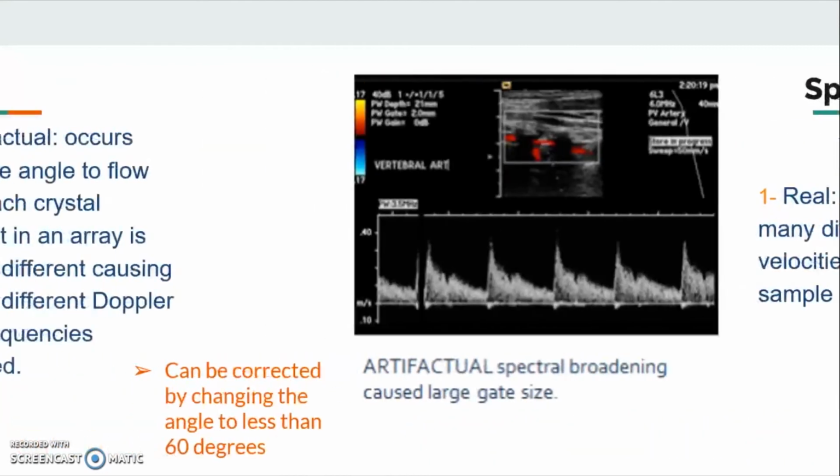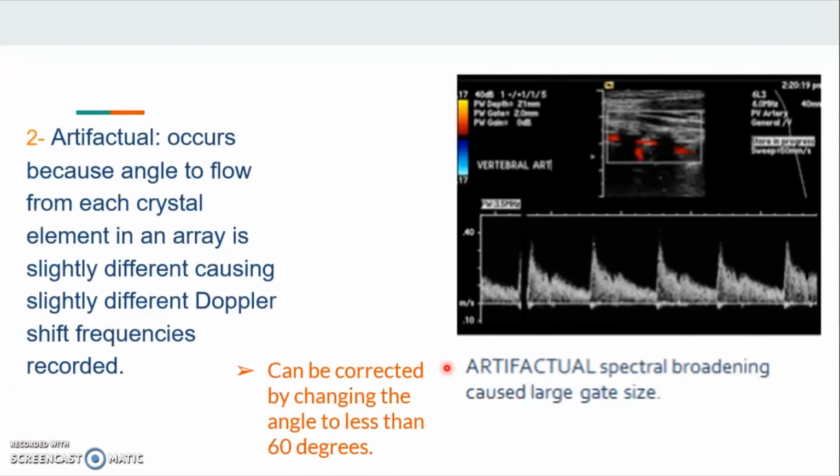We have an artifactual spectral broadening that occurs because the angle to flow from each crystal element in an array is slightly different, causing slightly different Doppler shift frequencies to be recorded. We have it here because we have a large gate size that caused that broadening. It can be corrected by changing the angle to less than 60 degrees.